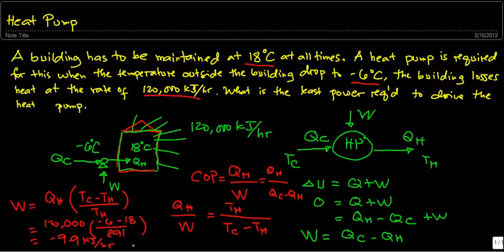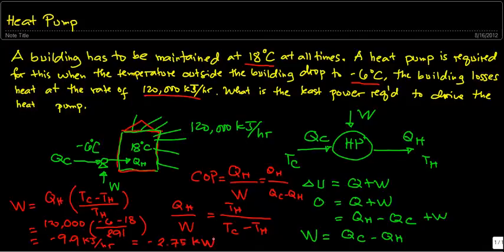If we convert that now to kilowatts, that means we divide by 3,600, since that's kilojoules per second. So the answer, after we divide, is negative 2.75, roughly that value.